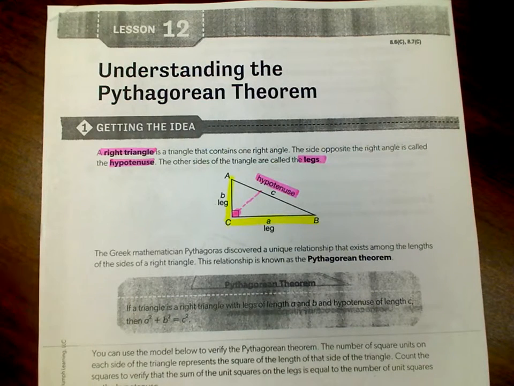The great mathematician Pythagoras discovered a unique relationship that existed among the lengths of the sides of a right triangle. The relationship is known as the Pythagorean Theorem. And again, it only works with right triangles.